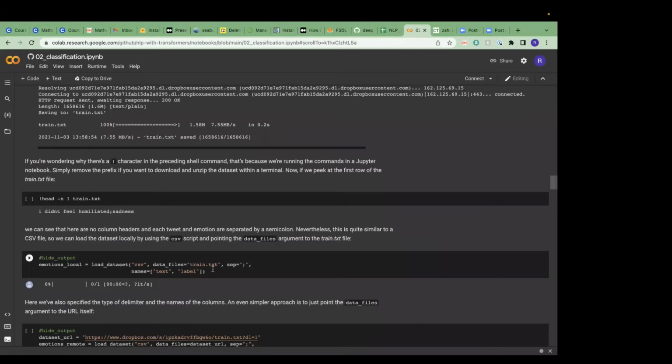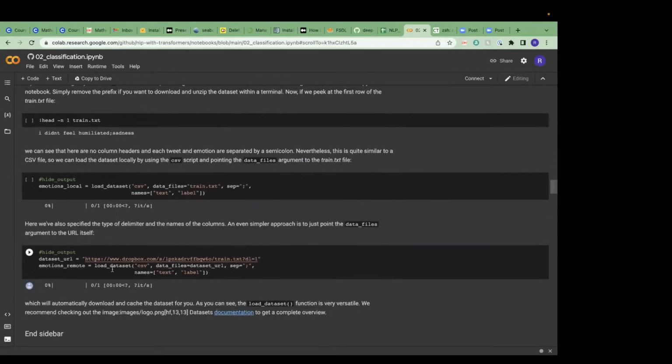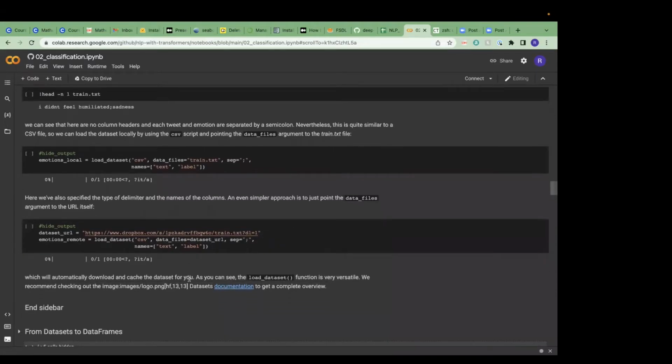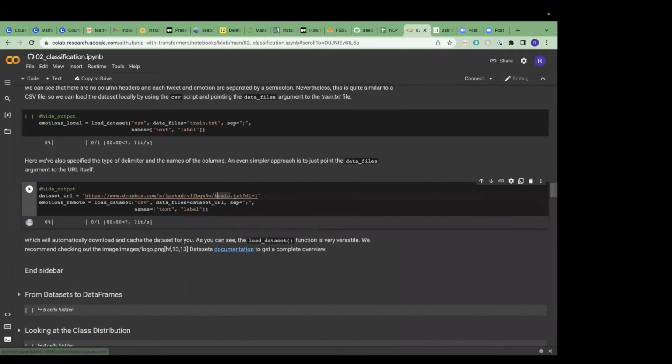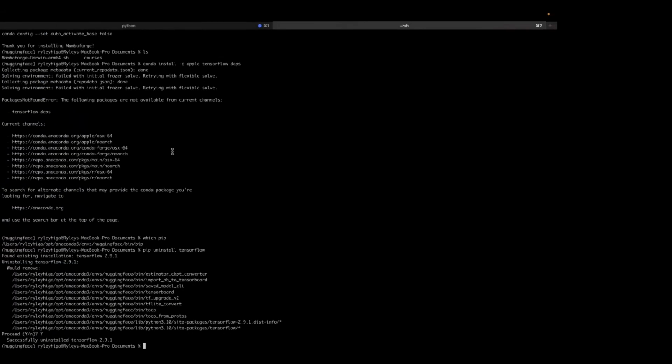It's a text file, and it's loading it in CSV format with the separator being a semicolon. That's mainly what it's doing there. Not sure if we can look at this file. I have it on my system as well from when I was running it.